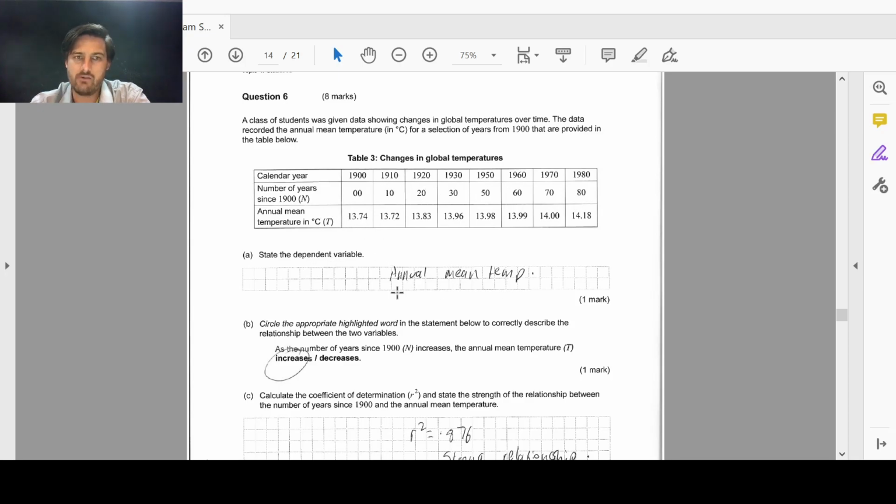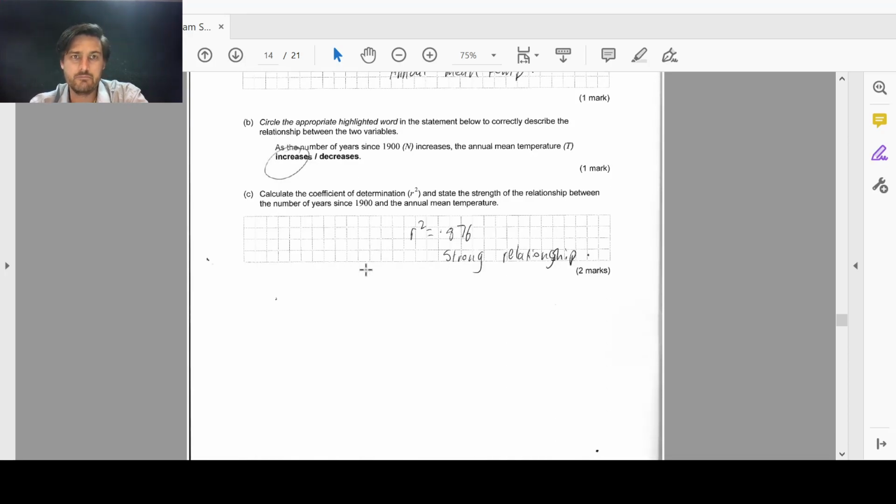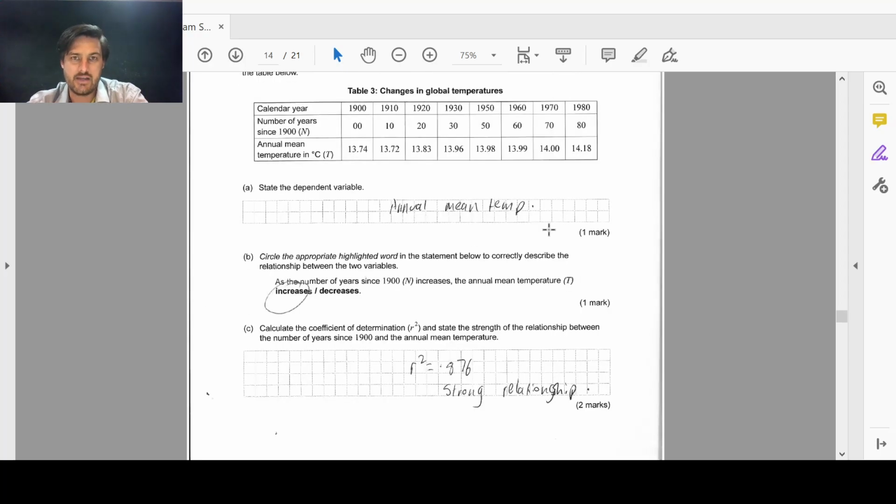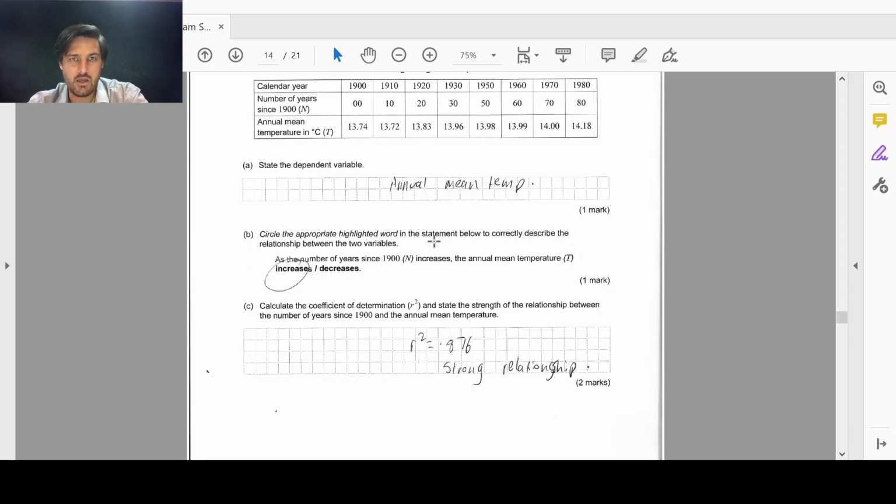But the way that I remember it is the dependent variable is always the thing that is measured, and then the independent is the other thing. In this case, it's annual mean temp. Appropriate highlighted word is number of years.